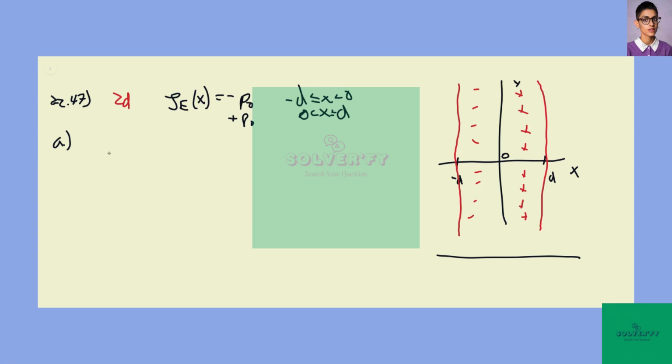Okay, so first of all, the electric field from a flat infinite slab is given by rho d over 2 epsilon naught.